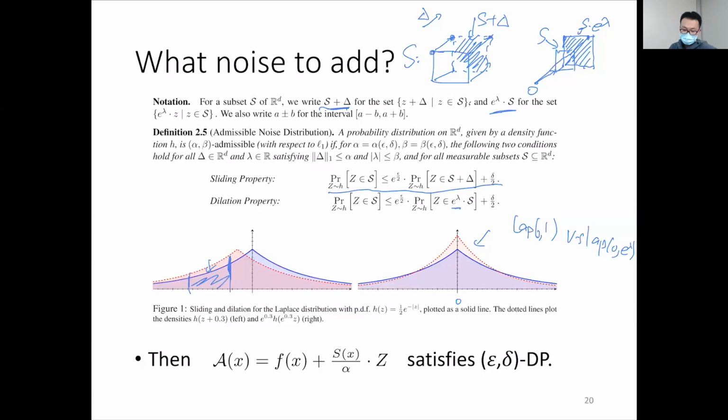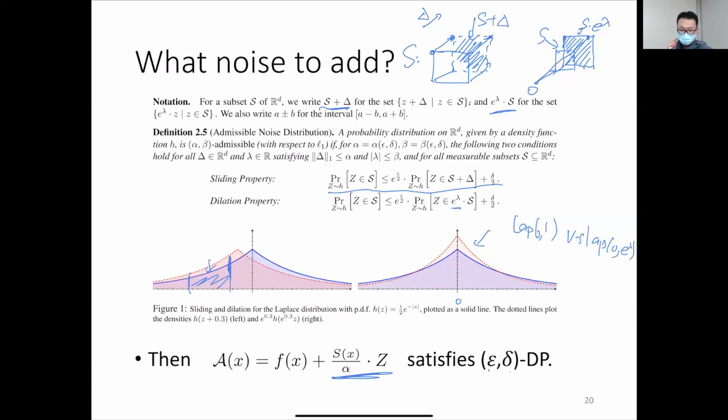Okay, and the mechanism is really just noise adding. So whenever this noise satisfies alpha sliding property and beta dilation property, then adding noise with the magnitude proportional to the smooth sensitivity over this alpha parameter satisfies epsilon delta DP.